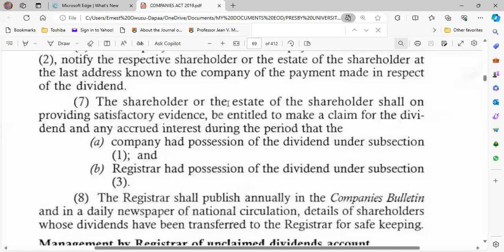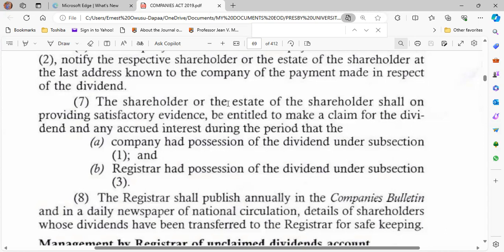So once the shareholder or the personal representative of a deceased shareholder becomes aware that this shareholder was supposed to have claimed this dividend, but due to certain reasons it remained unclaimed, and we have the evidence that he is so entitled, please pay the dividends to us.